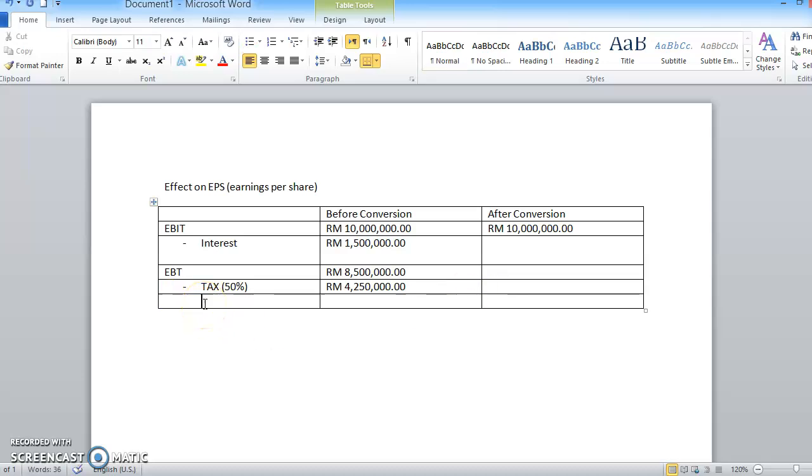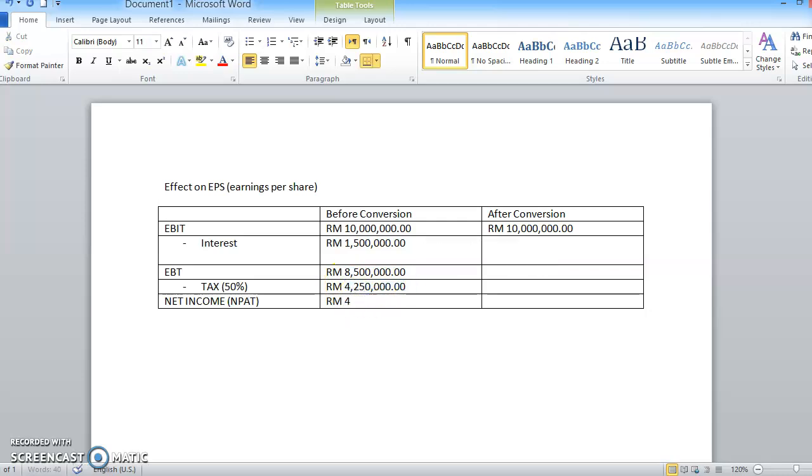The next is what? Of course, we've done minus the interest. We've done minus the tax. So the one that you get here is net income or net profit after tax. So 8.5 million minus the 4,250,000.